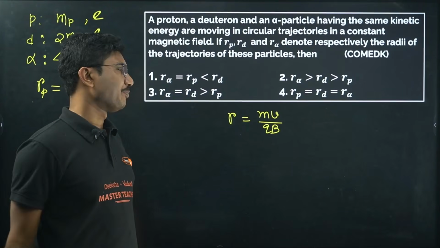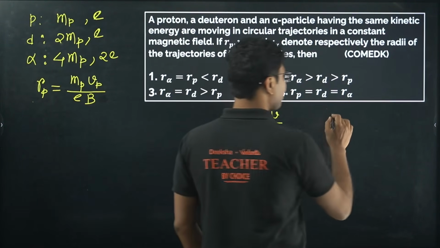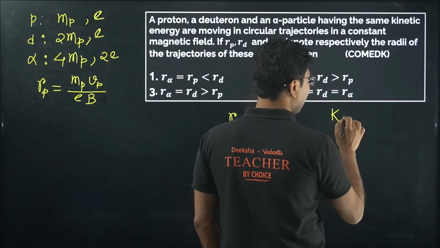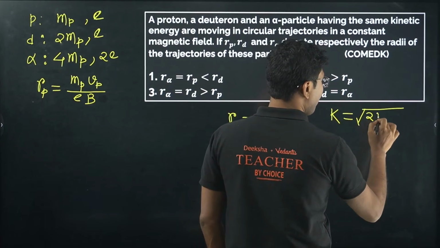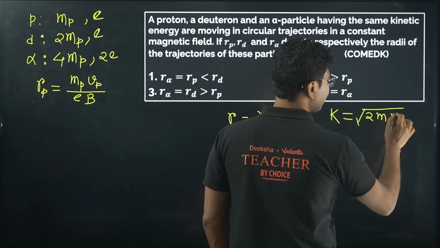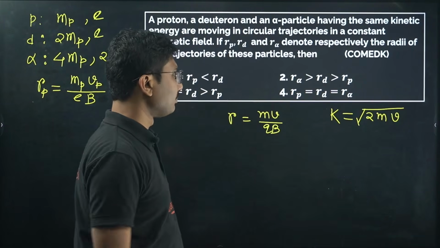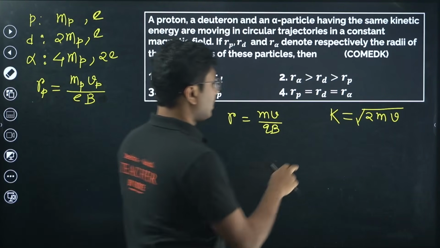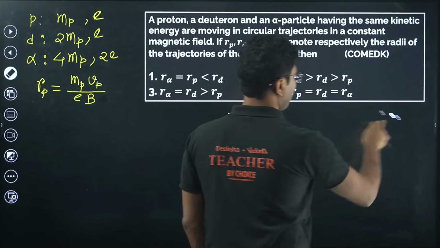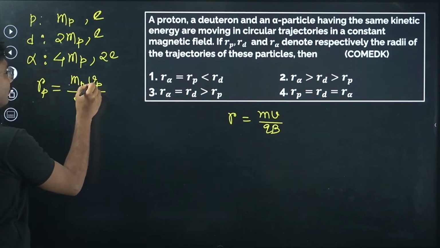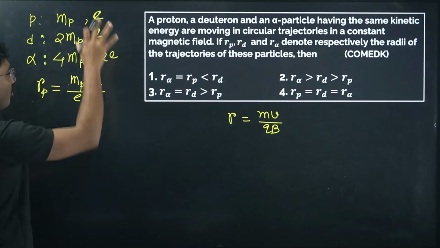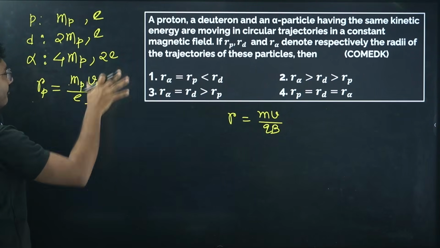So mass into velocity, this will come for all of the particles.